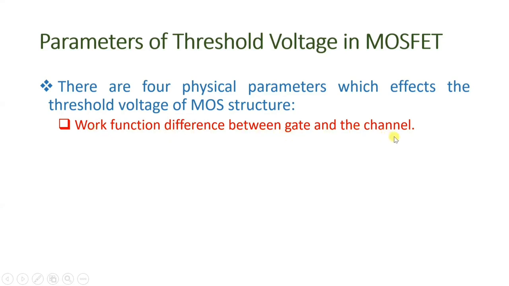In the MOS video I have already explained there is a work function difference between gate and channel. At the gate side there is metal and in the channel there is substrate. This difference between work functions of gate and channel results in threshold voltage generation. So this is the first parameter.